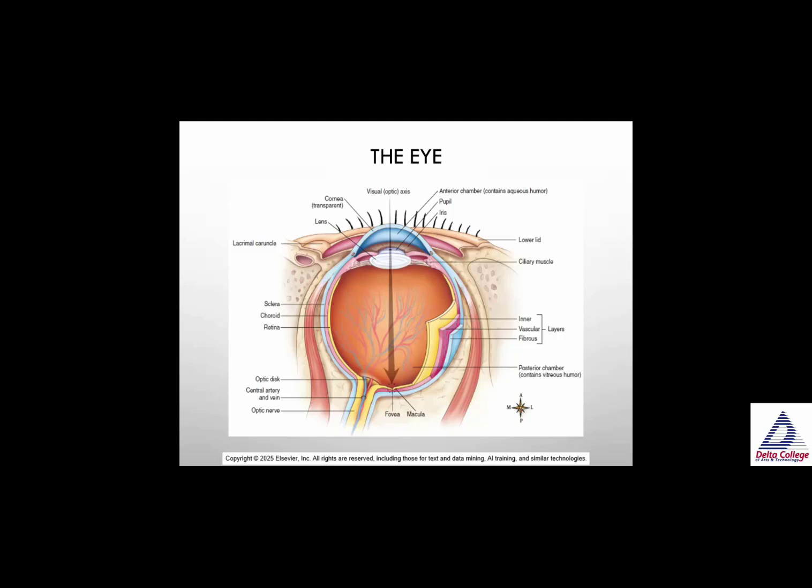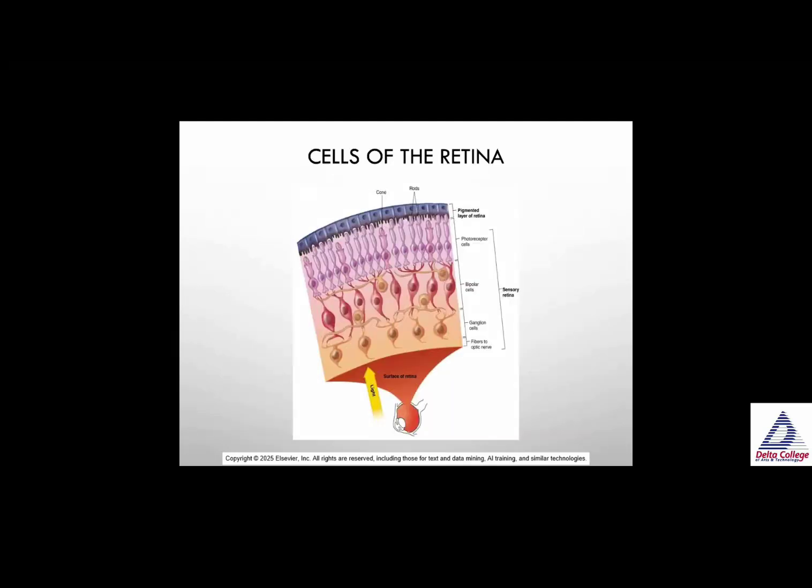So you can see where at the bottom the optic nerve comes into the disc, and you can see where all of these things work together to form the eye. Now, in the retina, when we talk about cones and rods, you can see on this image the difference, right? And make sure you know what rods do, what cones do.